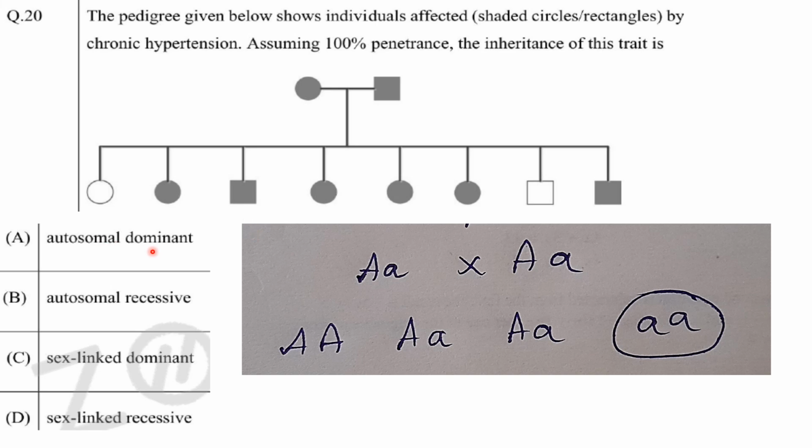So autosomal dominant is the answer. But why did you get these 2 without disease? That is because these 2 parents both carry the alleles capital A and small a. The one who is carrying the homozygous recessive condition will not have the disease. So the answer is autosomal dominant, A.